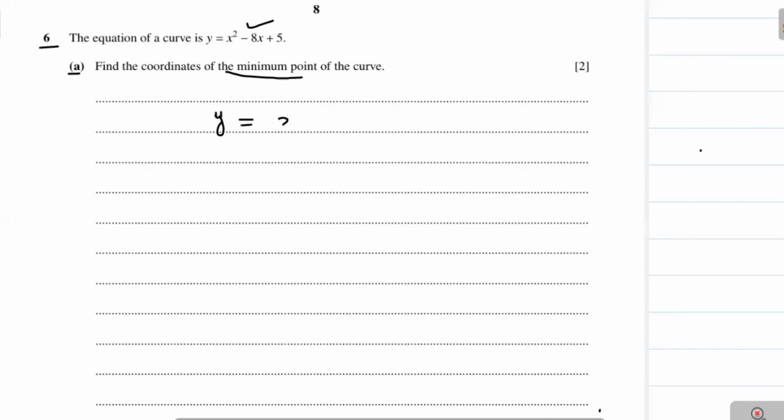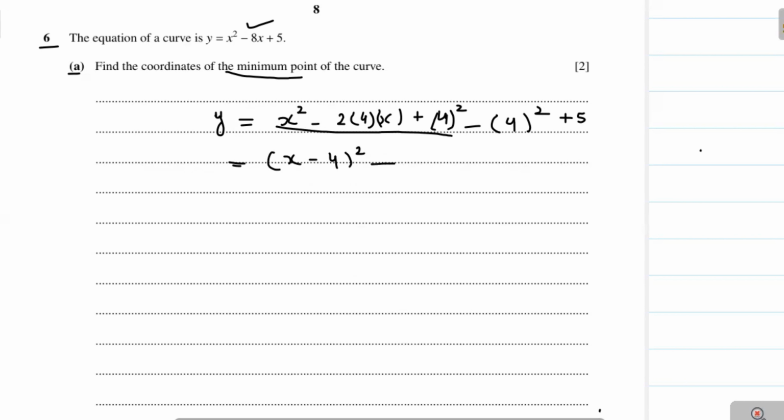You see here, we can write x square minus 2 into 4 into x, and plus 5 is written as it is. If we add plus 4 square and subtract 4 square in this expression, the expression remains the same, and this becomes a perfect square, x minus 4 whole square. Minus 4 square is 16, plus 5.